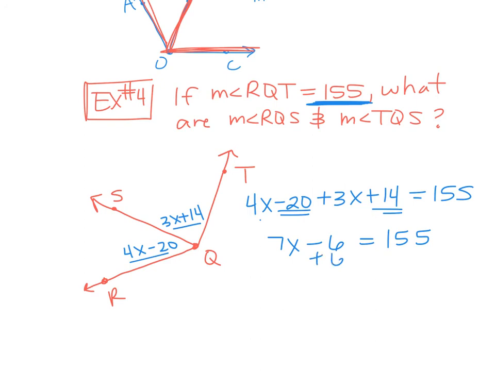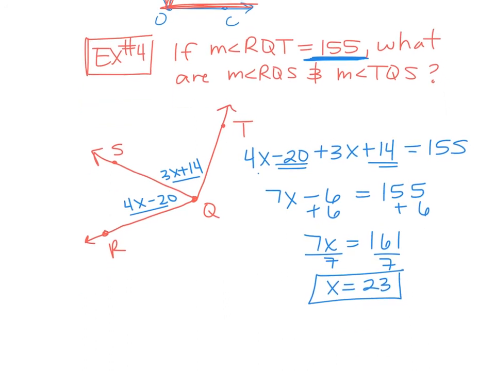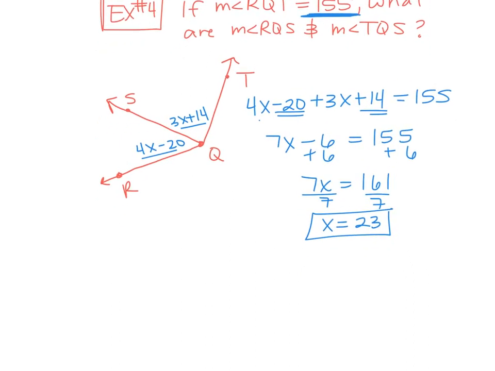Add that 6. So 7x equals 161. And then divide by 7. And x comes out to 23. Okay, now the question is, what are the measures of the angles? So if I want to find the measures of those angles, the measure of angle RQS is going to be 4 times 23 minus 20, right?